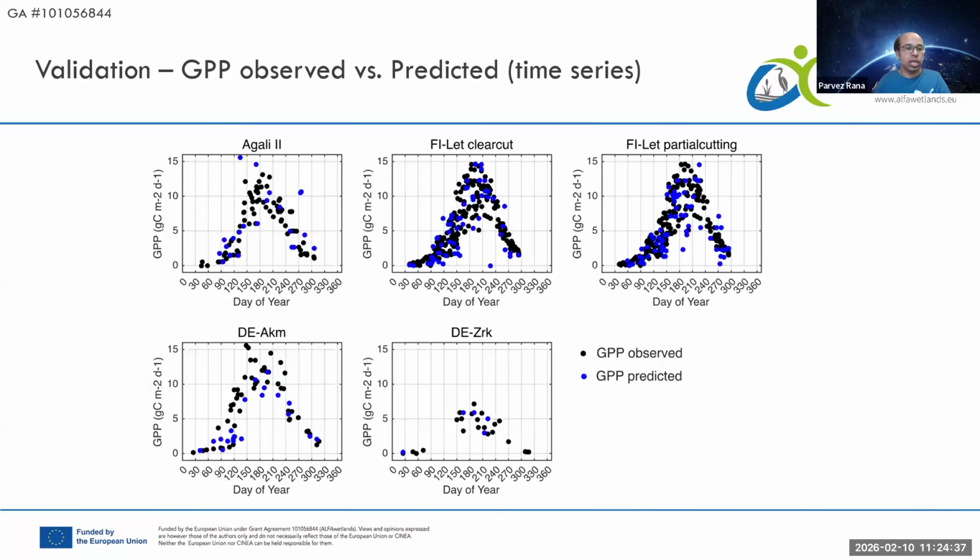When the summer is coming, the GPP value goes high in the summertime, and in the winter time the GPP value goes down. So our prediction is pretty much following the trend. That is a good outcome from our exercise. Next slide.